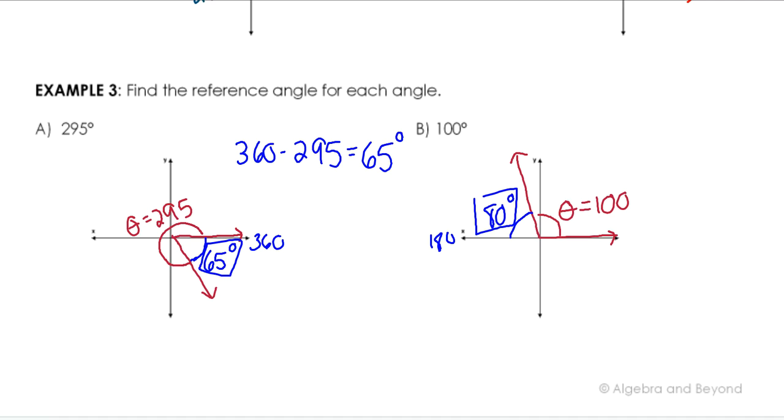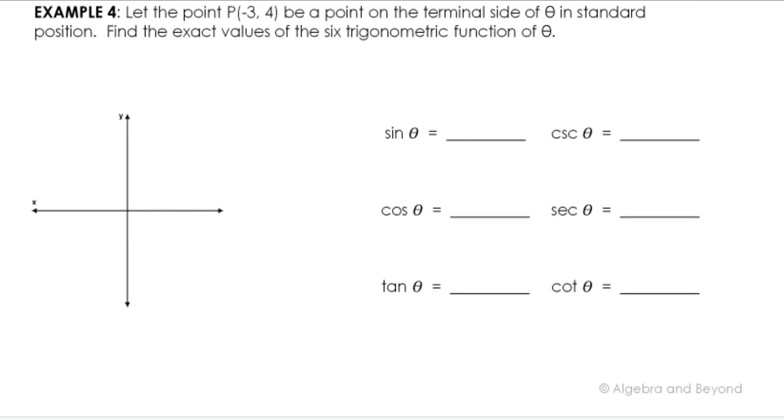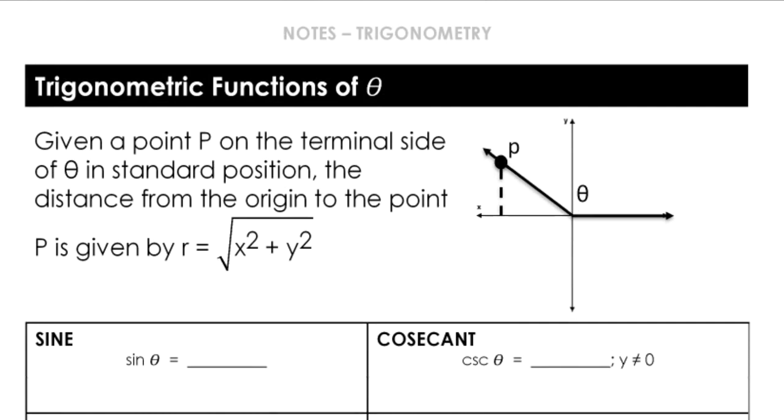Now that we have some vocabulary to go with it, we've got angles of rotation, we know what standard position is, we know what coterminal and reference angles are. Now we can start to put it all together on our coordinate plane. When we have an angle in standard position, we can use it to find the trig functions of theta.